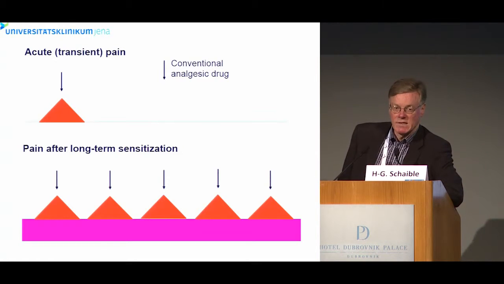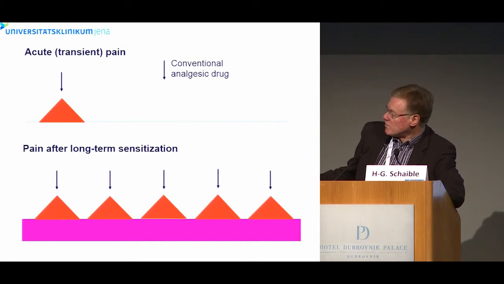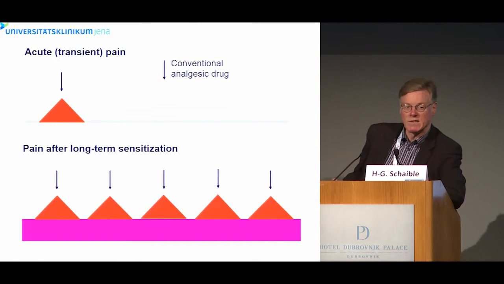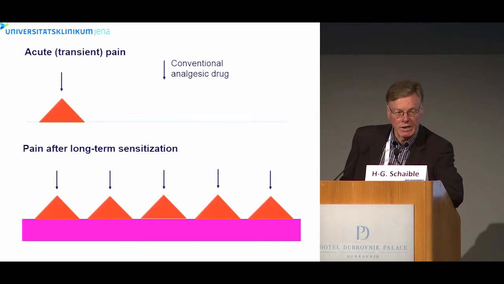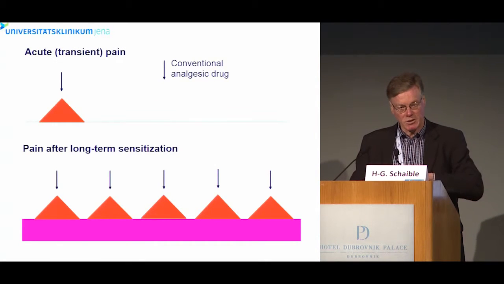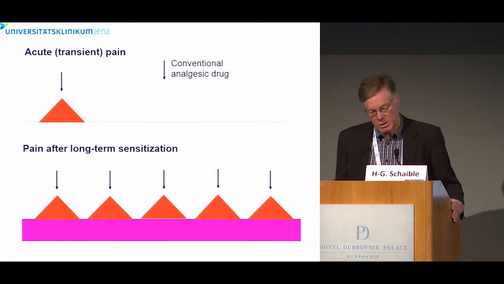If you use NSAIDs in rheumatoid arthritis, you also get an effect, of course, but you never touch this underlying chronic sensitization, which is produced by nerve growth factor or by cytokines. And this is the reason why I believe that these things are chronic. And this 3-times-daily medication with the NSAIDs just takes away the tip of it, but it does not change the underlying process. This is what I think.